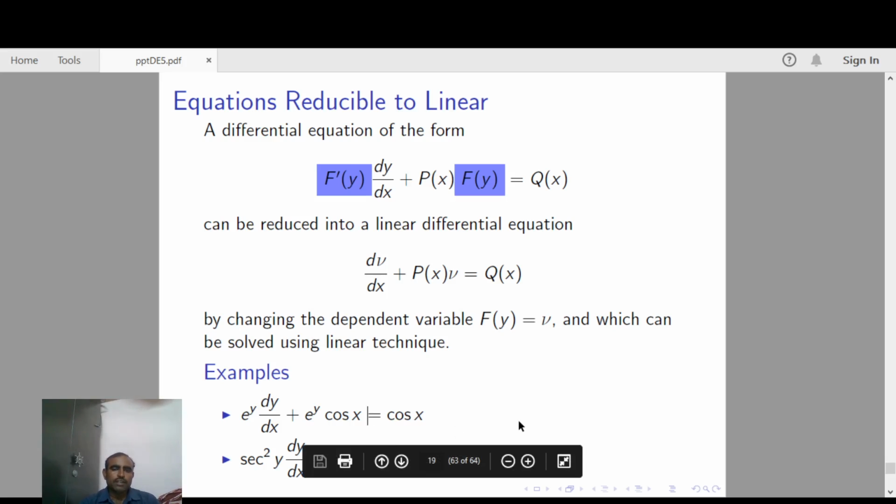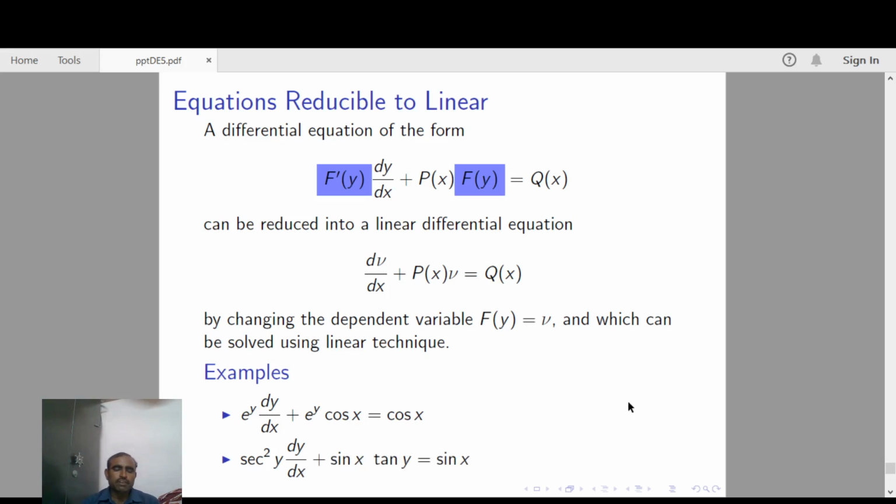Observe here, tan y is f(y). You take tan y = v, then sec^2 y is f'(y). So if you take tan y = v, sec^2 y dy/dx = dv/dx, then substitute these values in this equation, you will get a linear equation in terms of v.